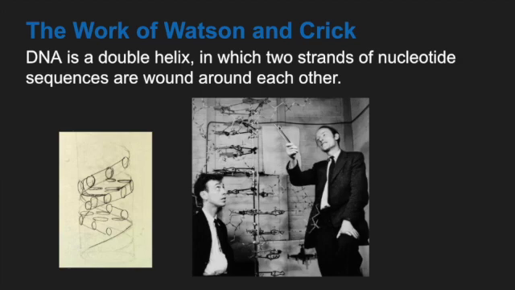We will look at a visual of the twisted ladder when we get back. But Watson and Crick pointed out that the rungs of the ladder were the base pairs: adenine, guanine, cytosine, and thymine. And we're going to be drawing a picture of this in a little bit.